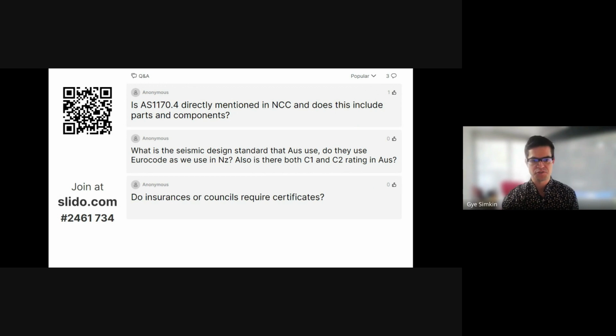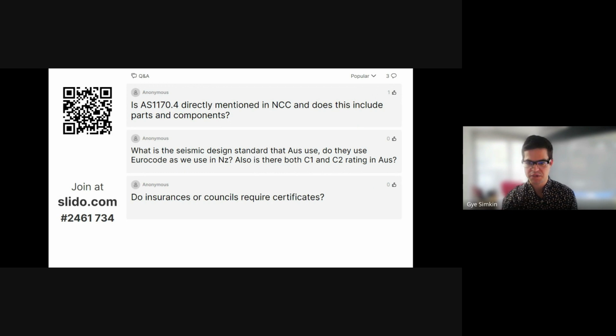And do they use Eurocode as we do in New Zealand? That's quite a big question. I don't know how to get into that one in a high level of detail, but I know the Eurocode is definitely mentioned.